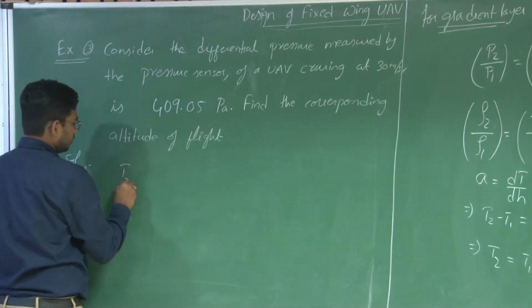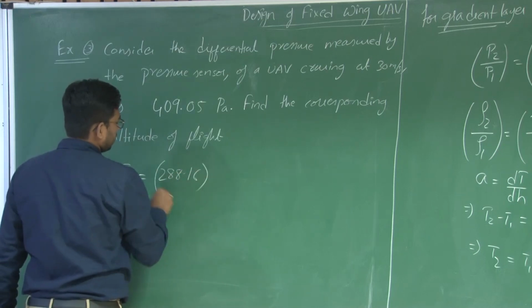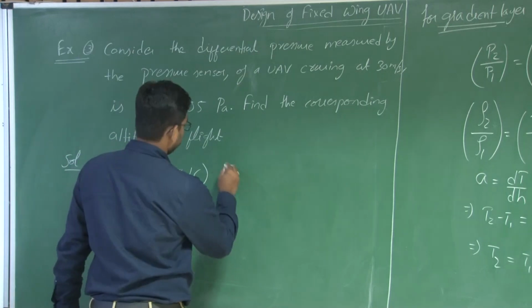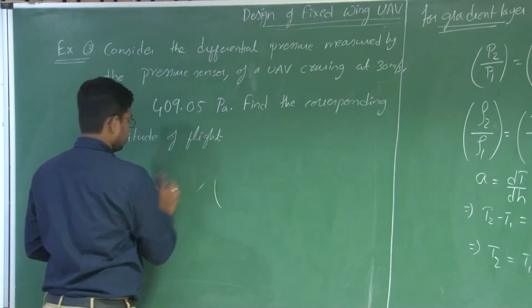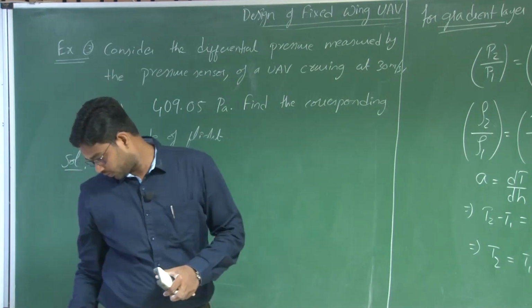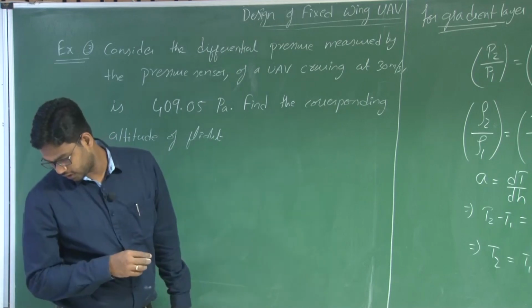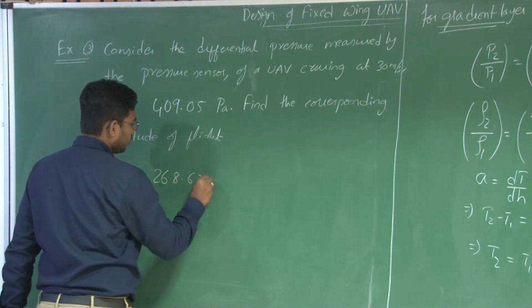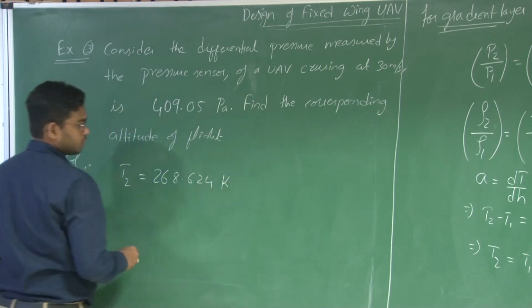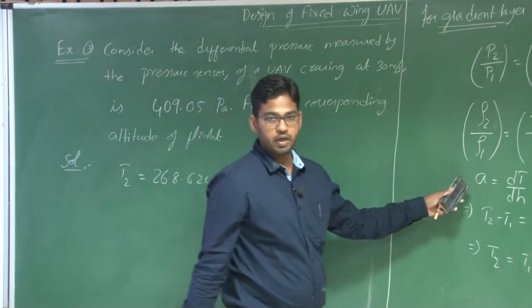So T2 is equal to 288.16 times that, and what we get from here is 268.624 Kelvin, right?